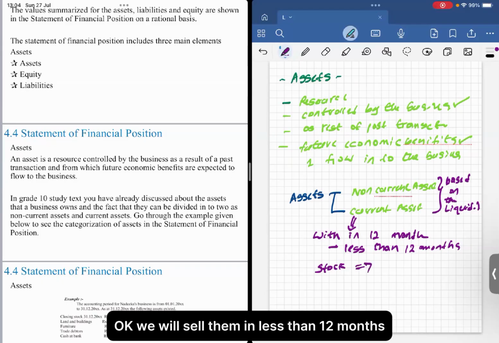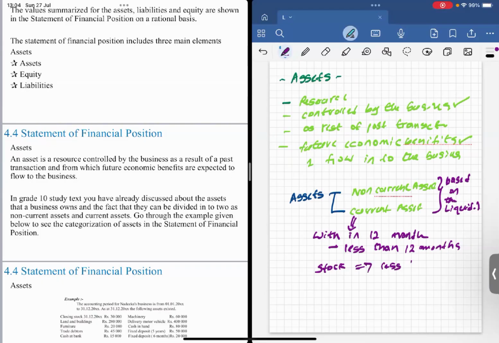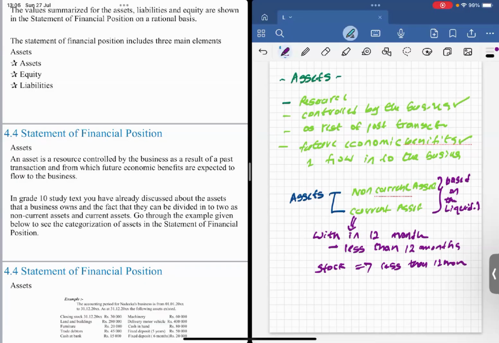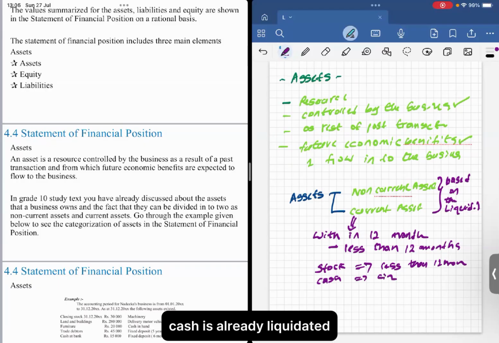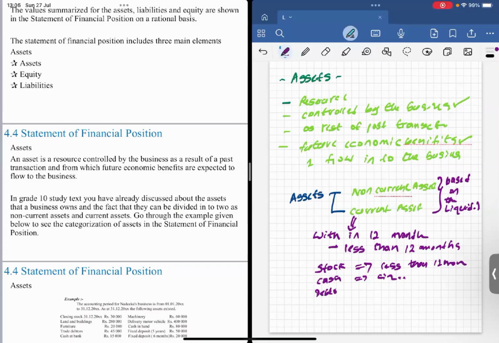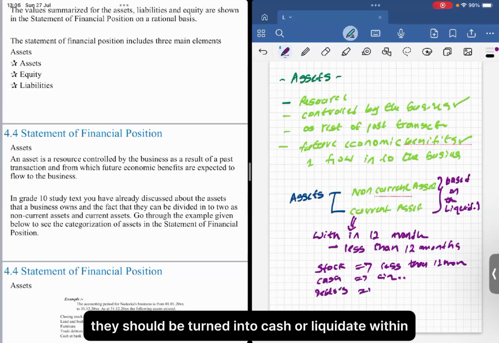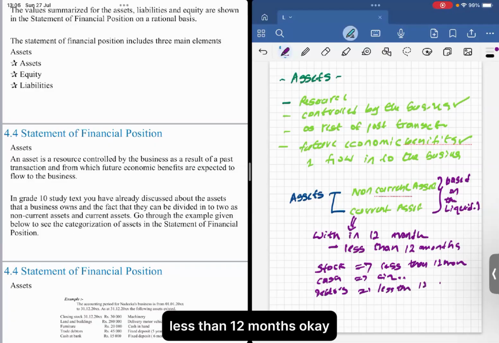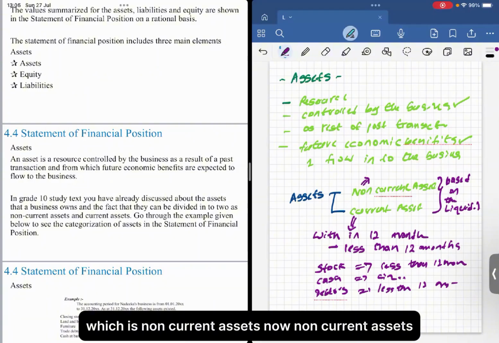We will sell stocks in less than 12 months. Let's say cash. Cash is already liquid. Let's say debtors. They should be turned into cash in less than 12 months.